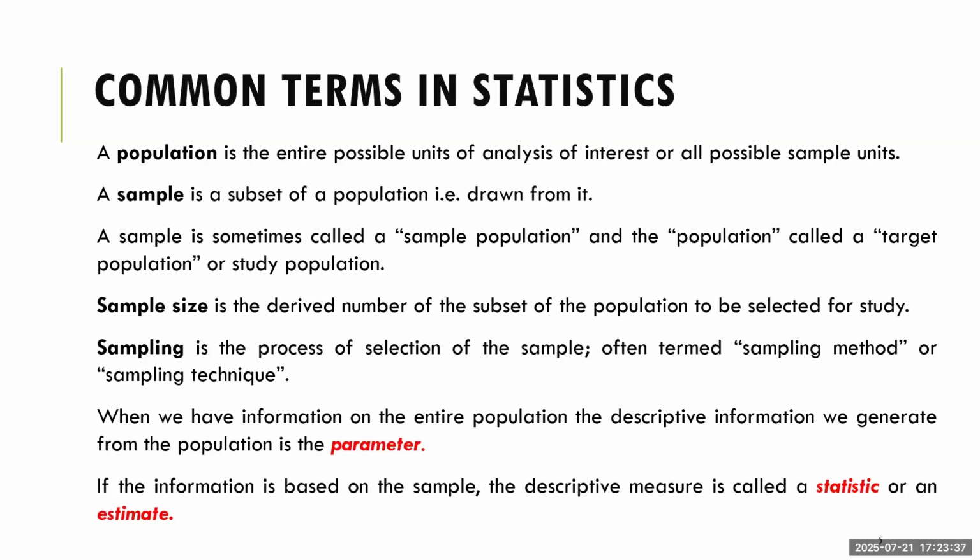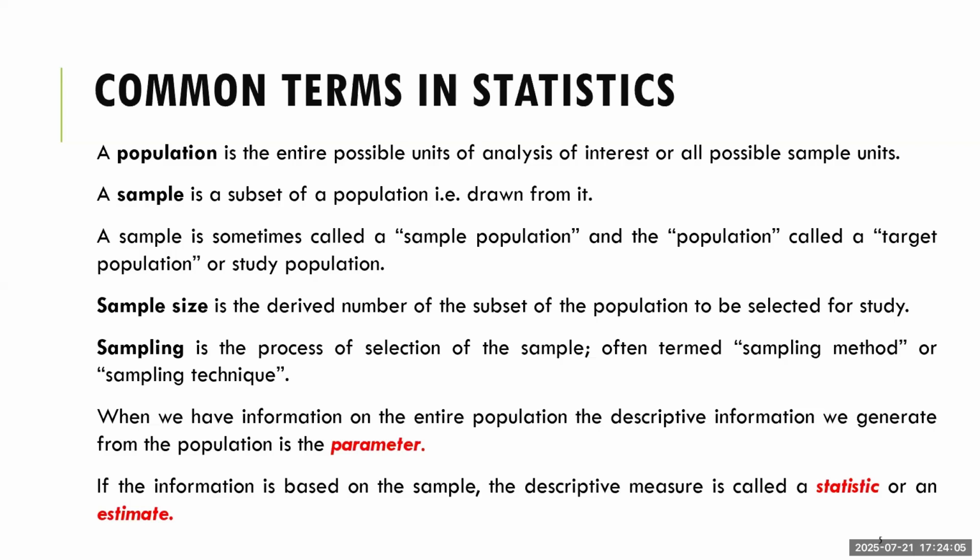That's the population. But because of cost, because of logistics, we may not be able to study all the postgraduate students of the university. Cost, logistics, sometimes ethical reasons, depending on the subject matter that is of interest for your research.